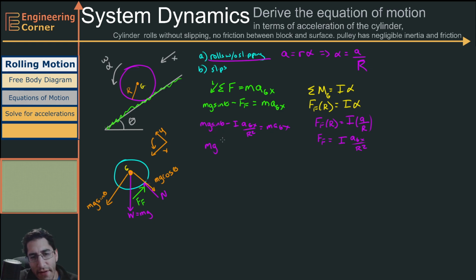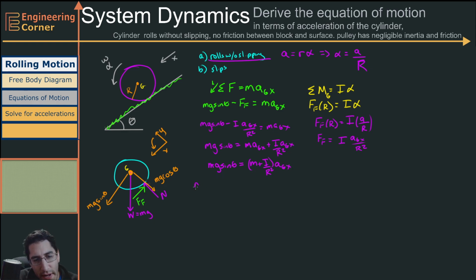I'm going to still have mg times the sine of theta, but now I'm going to have m a_Gx plus I a_Gx over r squared, and look at that, they both have a term of a_Gx, so I can get mg times the sine of theta is equal to m plus I over r squared, times a_Gx, and I can divide this.